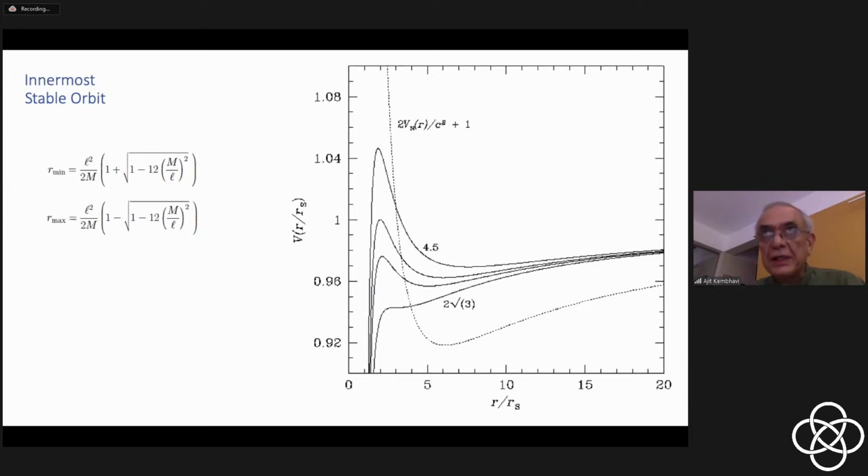What happens is that if matter starts falling into a black hole, because it carries angular momentum, it builds an accretion disk around the black hole. Once you've got an accretion disk, take the matter in the accretion disk. At any given point of the disk, at any distance r, it will be moving with a certain velocity.